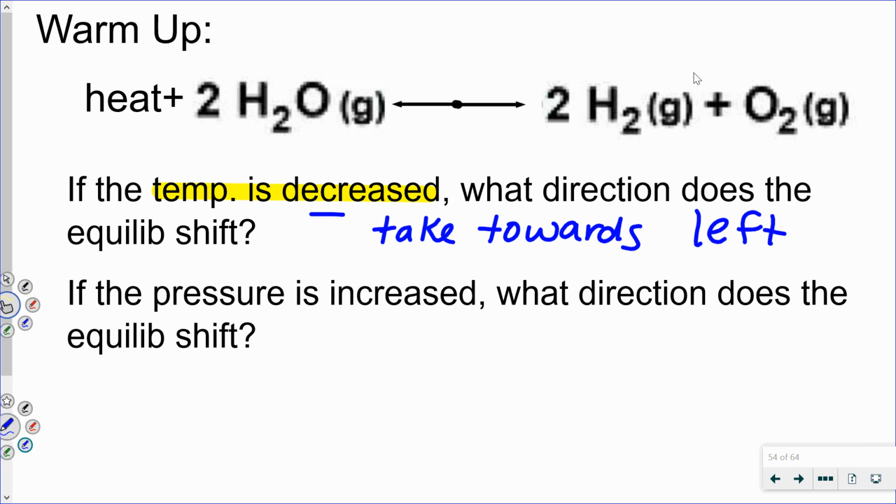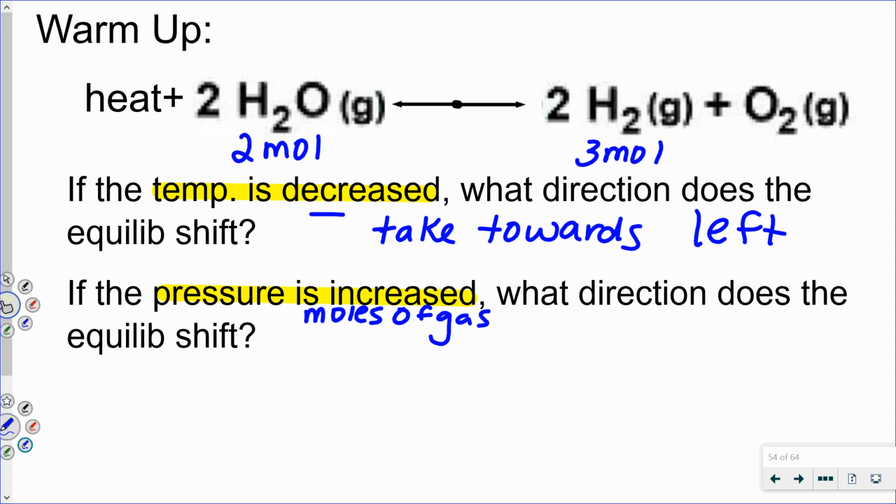The second question says, if the pressure is increased, what direction does the equilibrium shift? Pressure you cannot use add away and take towards. Remember, pressure is where we're looking at moles of gas on each side of the reaction. I have 2 moles of water on the left, on my reactant side, and I have 2 moles of gaseous hydrogen and another 1 mole of gaseous oxygen for a total of 3 moles on my product side.